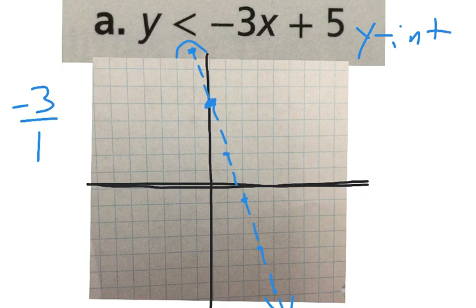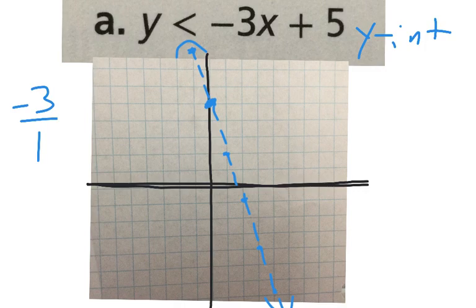So let's plug in (0, 0). That would be 0 is less than -3 times 0 plus 5. -3 times 0 is 0. And 0 plus 5 is 5. Is 0 less than 5? Yes. So that means the point (0, 0) should be an answer.